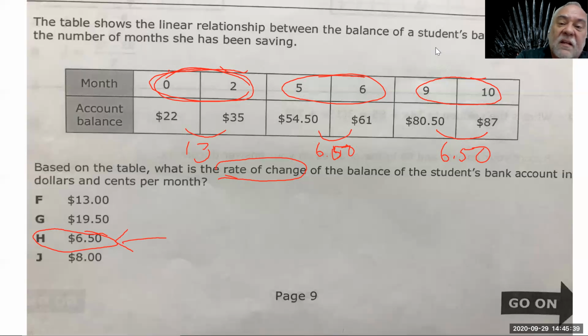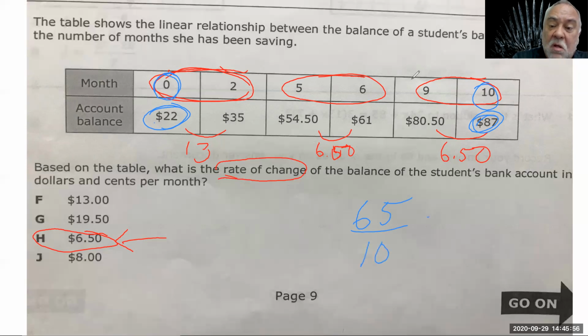And you could have taken the first point and the last point if you wanted, this one and this one. 87 minus 22 is 65. 10 minus 0 is 10. 65 divided by 10, hey, look, it's still 6.50.